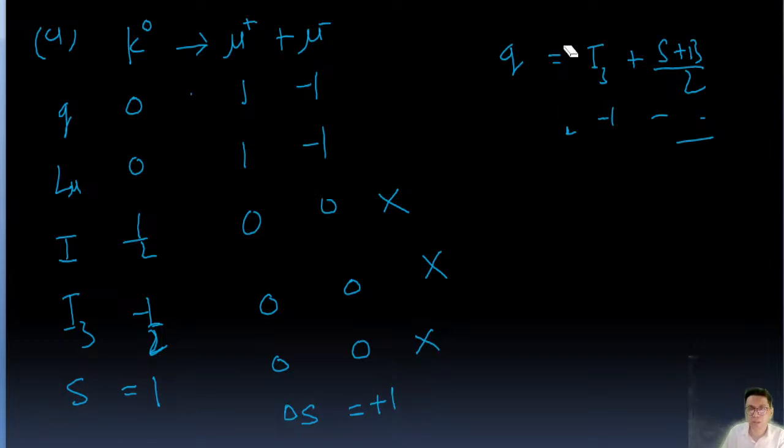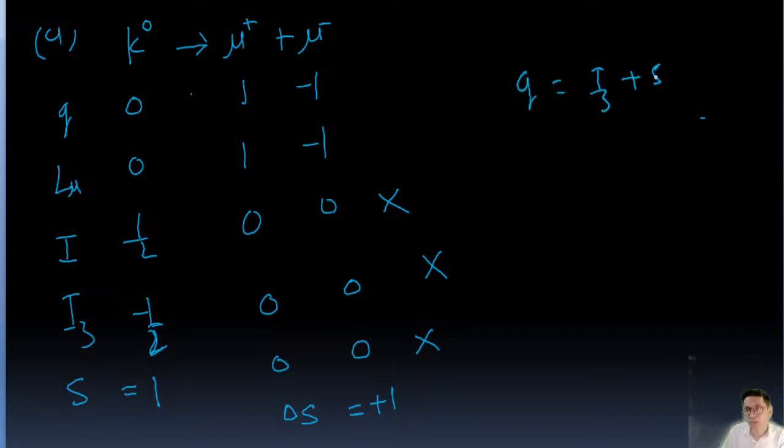And for the mu, it is going to be similar: Q equals I3 plus S plus B by 2, right? So Q is plus 1, my apologies, Q is plus 1, okay? And I3 is 0.